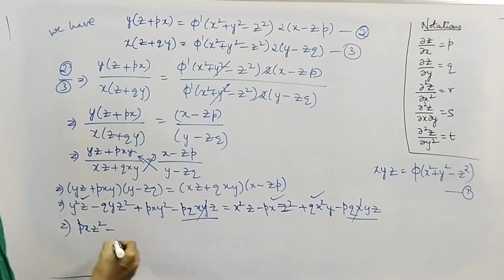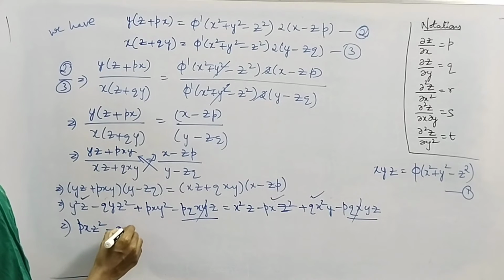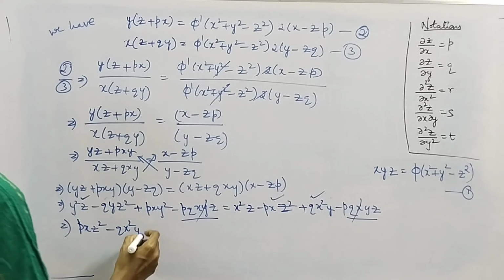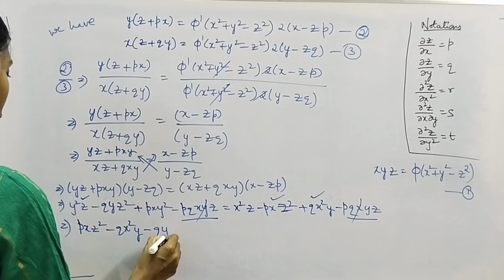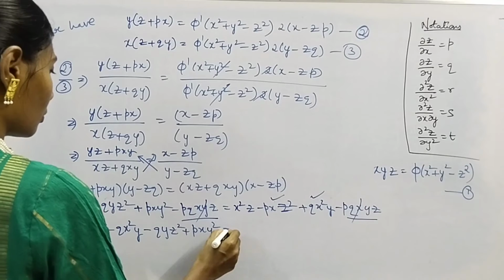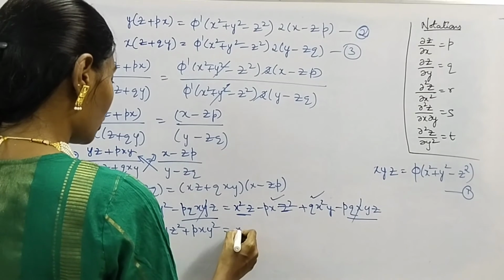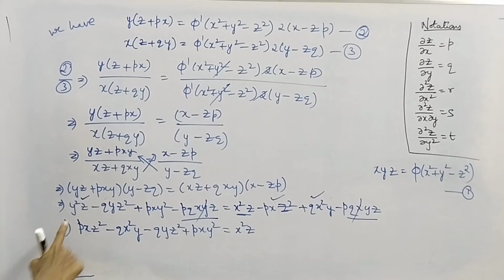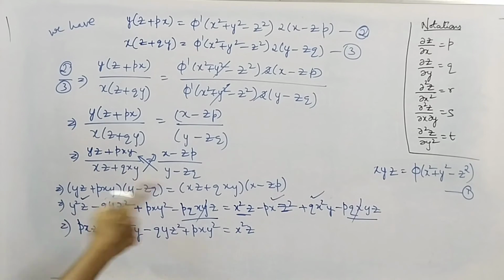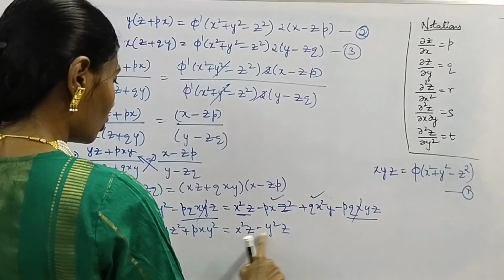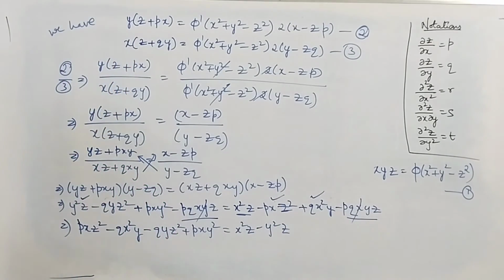Here it's plus, so we'll get minus qx square y. Now write these two terms as they are, minus qyz square plus pxy square. You have this term which does not involve p and q. Write this as it is in the RHS and take this to RHS, we'll get minus y square z. You can take z common from these two terms.